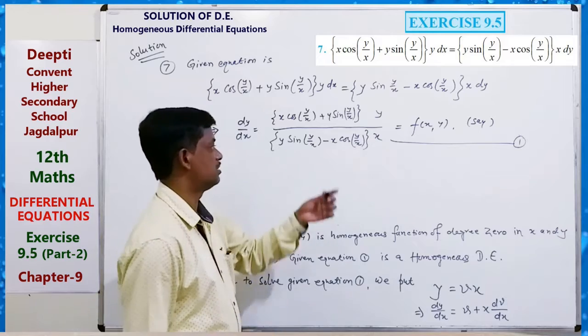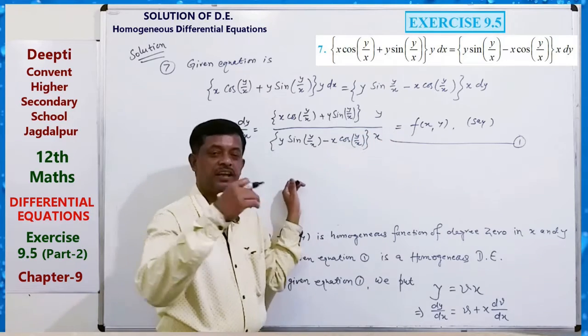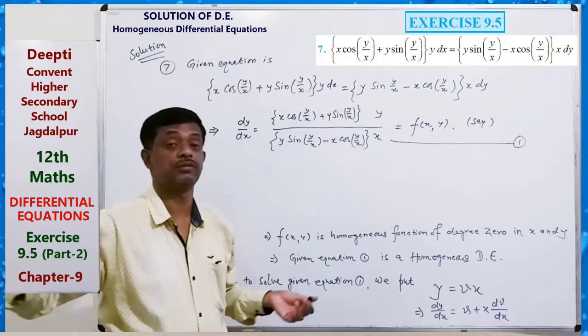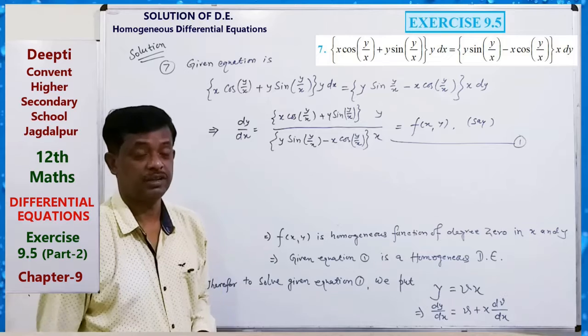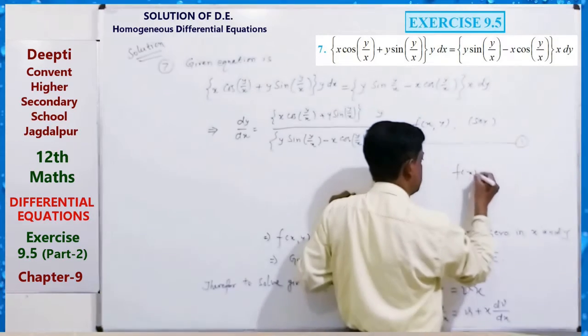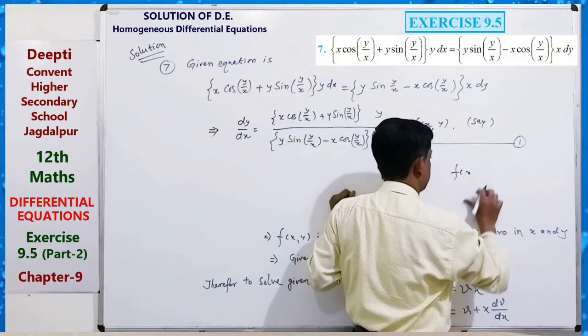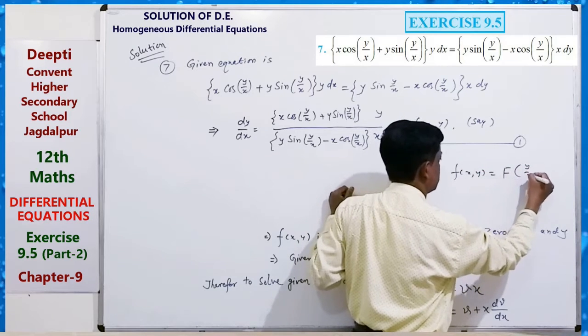So all are y by x. So we can write f(x,y) as a function of y by x, another function of y by x. That is a homogeneous function. You can also write that f(x,y) equals a function of y by x.